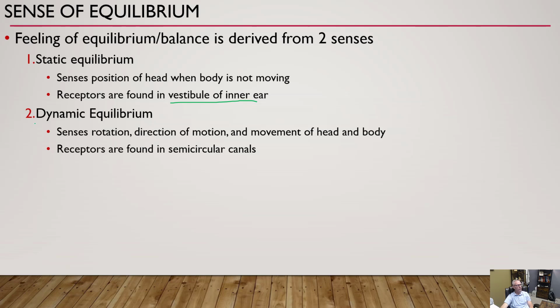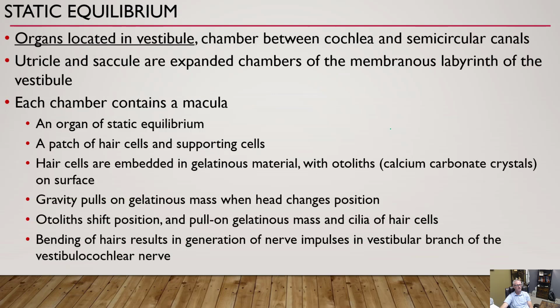Dynamic equilibrium is basically what is your body doing, rotation, direction of movement, and movement of the head and body. And it says found in semicircular canals. So here, with static equilibrium, we can think of this as a 2-dimensional world, whereas dynamic equilibrium is more of a 3-dimensional world. And we'll look at pictures later on.